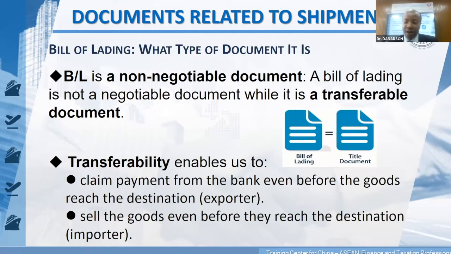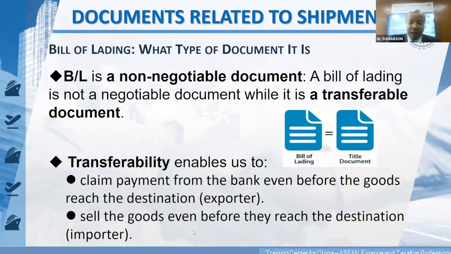If you get a copy of the bill of lading, it just tells you what has been shipped, but it doesn't really have any authority of clearance. You don't own the goods you received with a copy of a bill of lading. You need the original copy, not the photocopy, for example. So that's the transferability, if I just explain in simple terms.